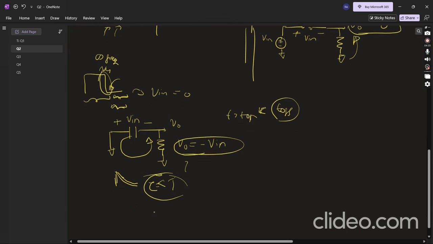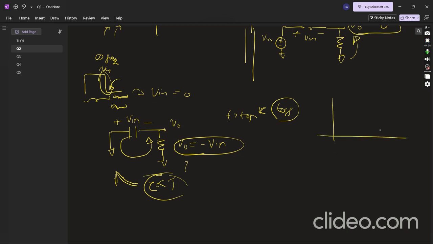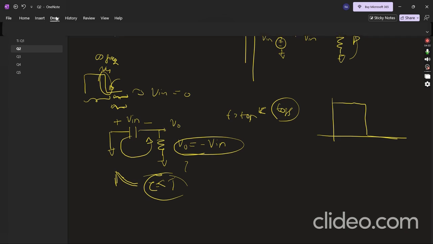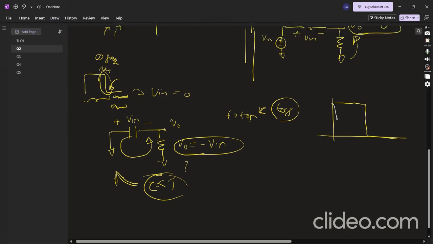Okay, so we can see this on the waveform. This is the pulse. Let me draw with another pen. So for high frequency, this is like this, and for low, for this time period, it will be like this.